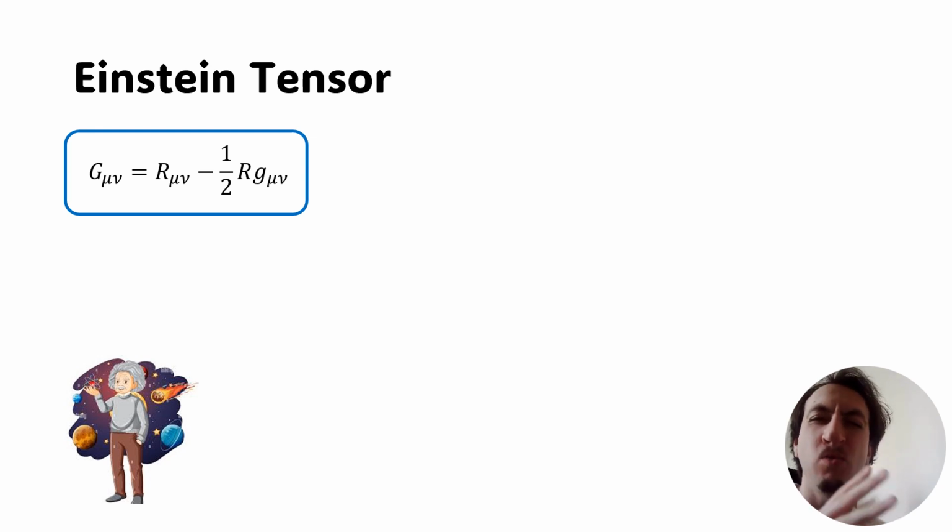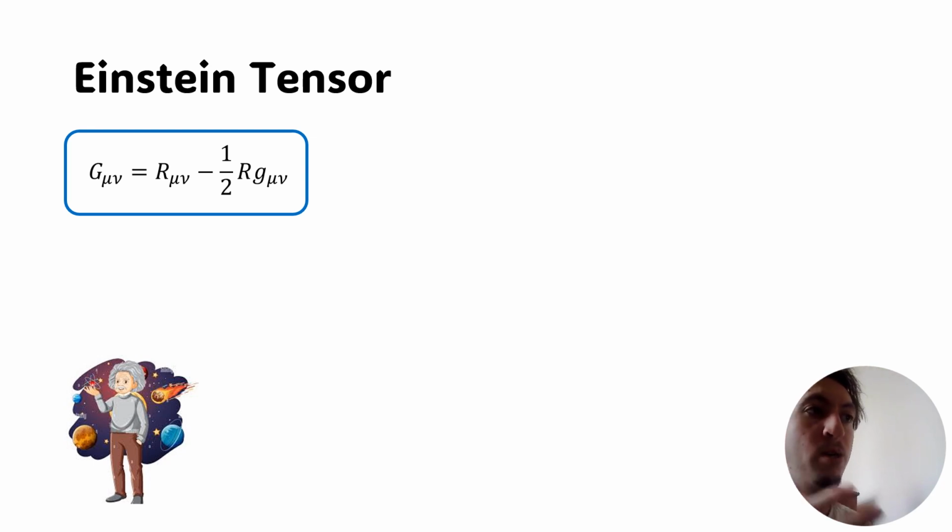Another way to think about the Einstein tensor, although this is a much fuzzier way to think about it, is as the difference between a tensor describing curvature at particular points in space-time, or rather for particular combinations of dimensions, which we encapsulate within our Ricci tensor, and some kind of average curvature of our manifold.